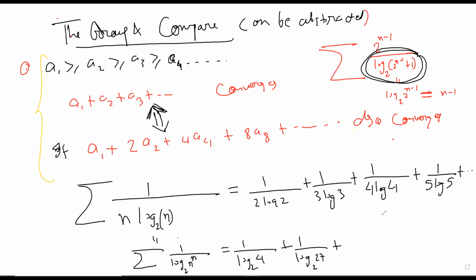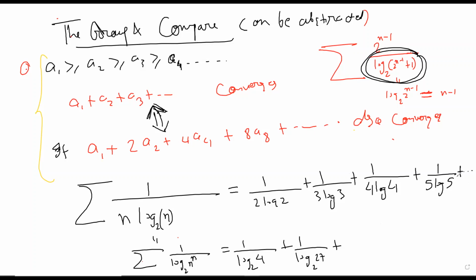Think about it. Log 3 base 2 is basically the power that you need to raise 2 to get 3. So 3 is greater than 2, because you have to raise it to a power which is more than 1 to get a number bigger than 1. So each term is bigger, so it definitely diverges.